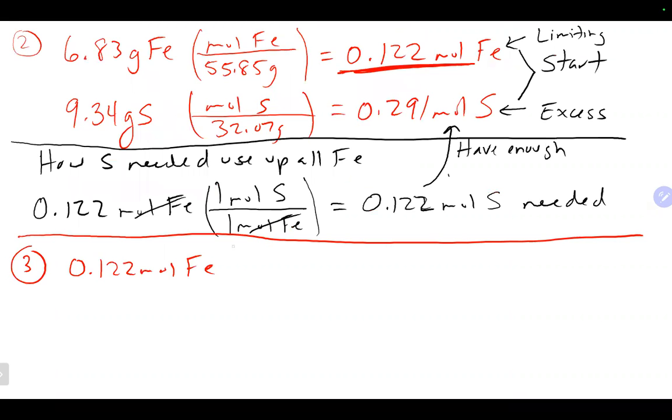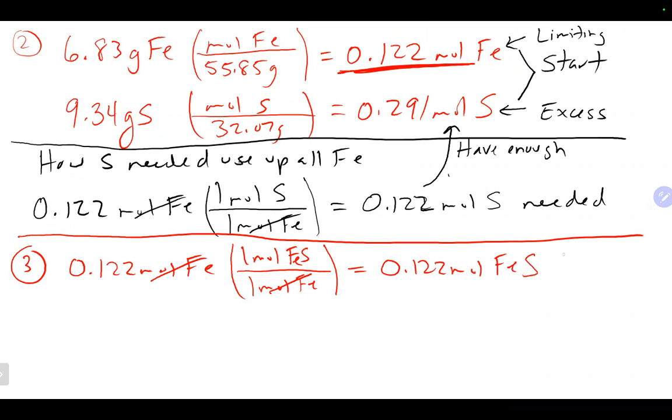So once again, from the equation, we see we have 1 mole of iron gives us 1 mole of our product. The moles of iron cancel, and we get 0.122 moles of iron 2 sulfide, which again would be our theoretical yield in moles.